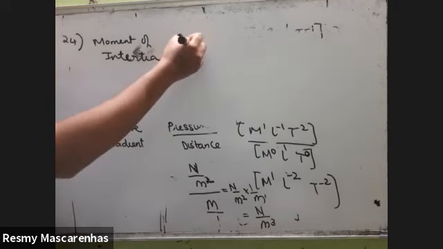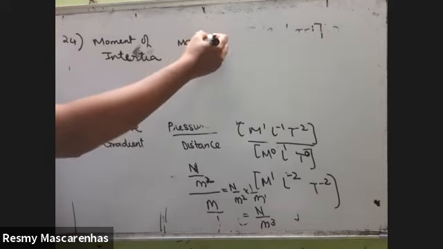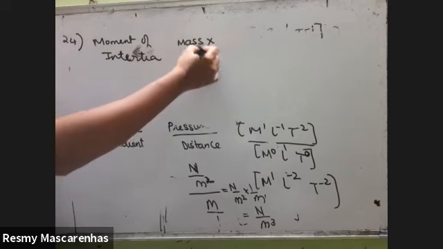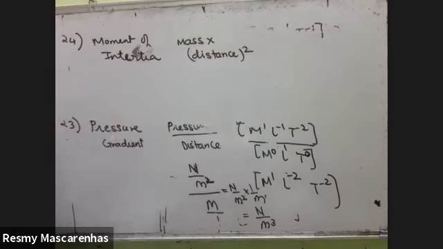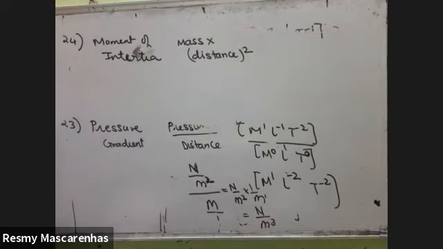But in terms of formula, moment of inertia is mass into distance square. This is the formula for moment of inertia. Put the dimensions of mass.